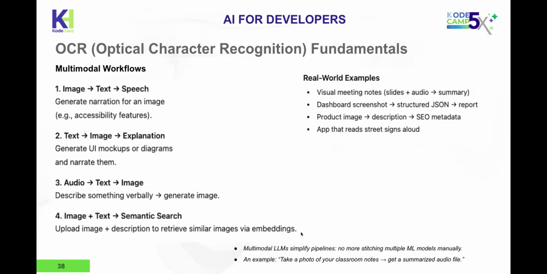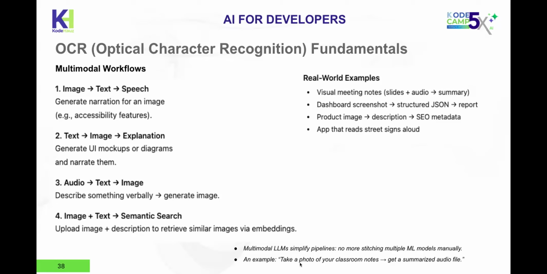So these are some of the things that you can do, just being able to harness all of that power. Multimodal LLMs will simplify your pipelines because you don't need to stitch multiple machine learning models manually. You can give it in one mode and it gives you an output in the other mode.